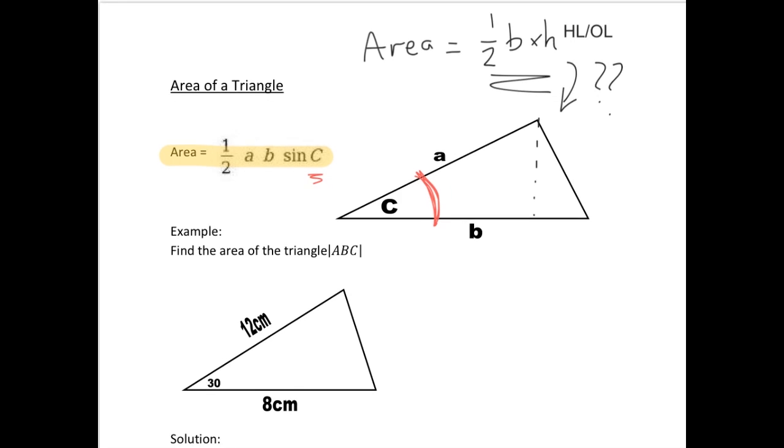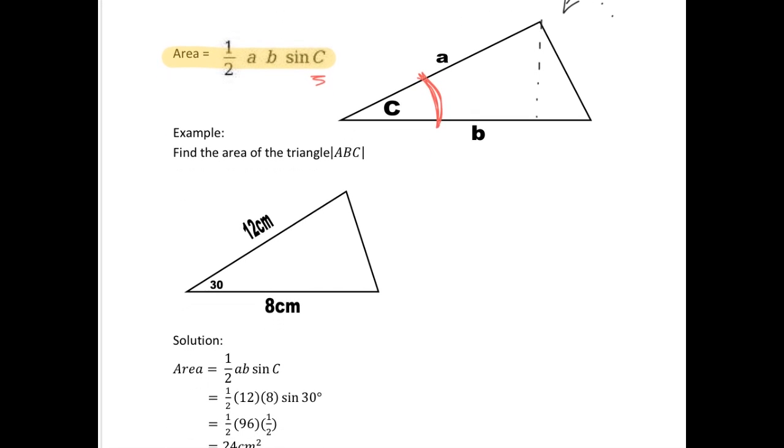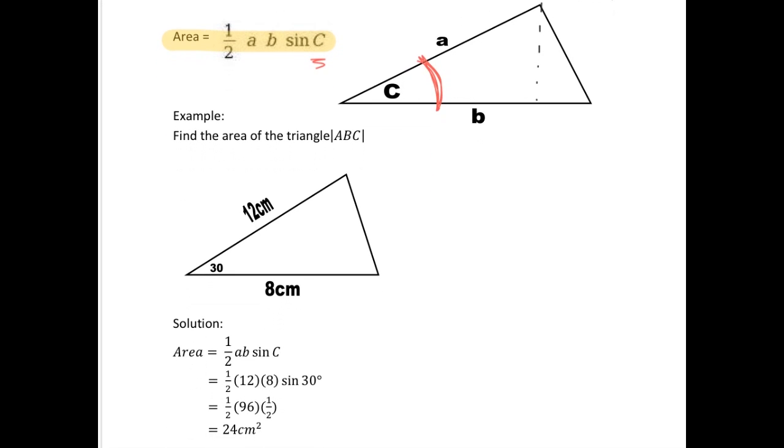So, a simple example given here is to find the area of this triangle ABC. Now, these A, B, C that I've drawn here should not be confused with this angle C in the formula, which can happen to some students.